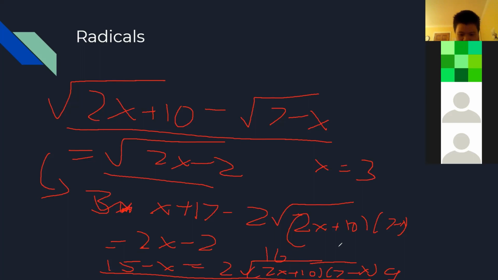If we plug that in, excuse me, this should be 19 since we add here. So if you put x as 3 into this equation, it works out.